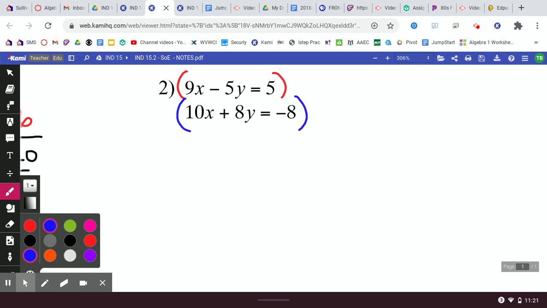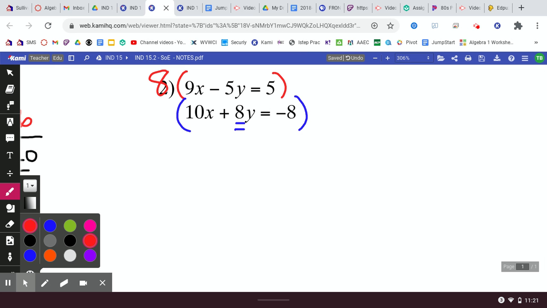So for me, because my signs are already different on my Y's, I'm going to go ahead and eliminate my Y's. And the way you do that is on the top equation. If I want to make my Y's go away, I look and see what is the number in front of the bottom Y. It's an 8. So I'm going to go to the top equation and multiply that times 8.